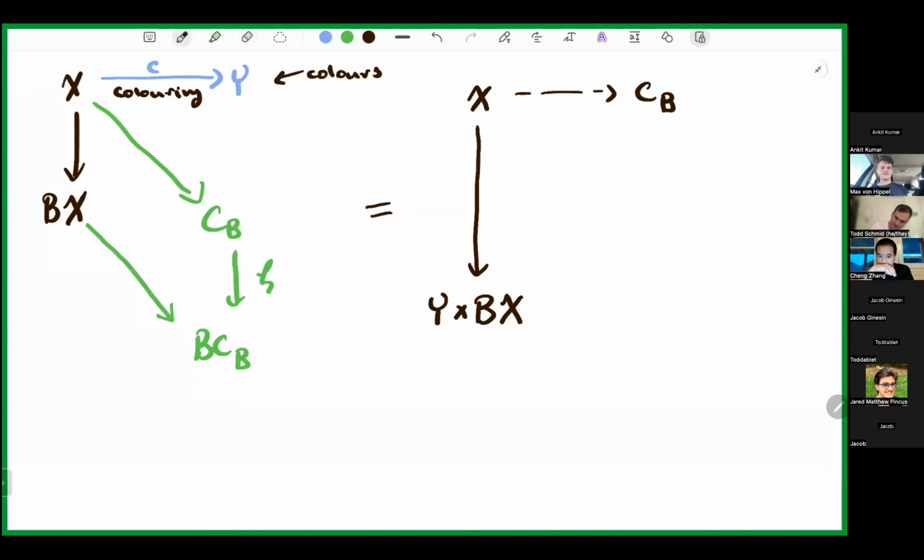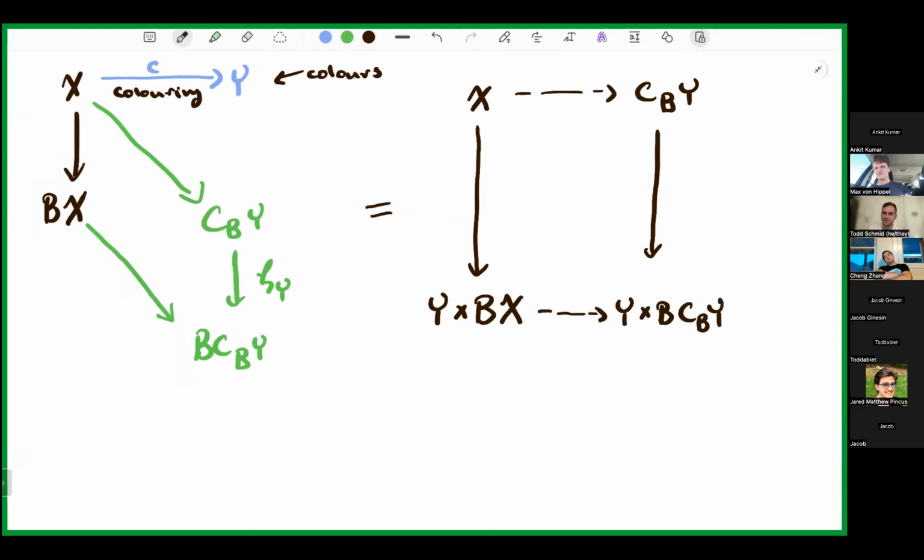Sorry, this should have been a Y. It's the free coalgebra for the augmented structure, the augmented functor Y times B. So it's really like a final coalgebra thing.